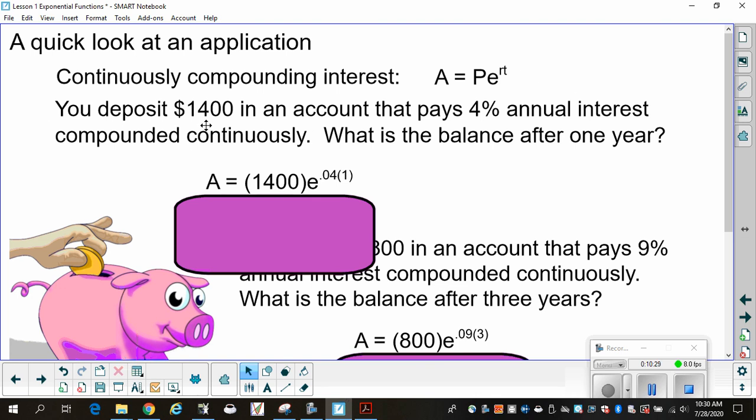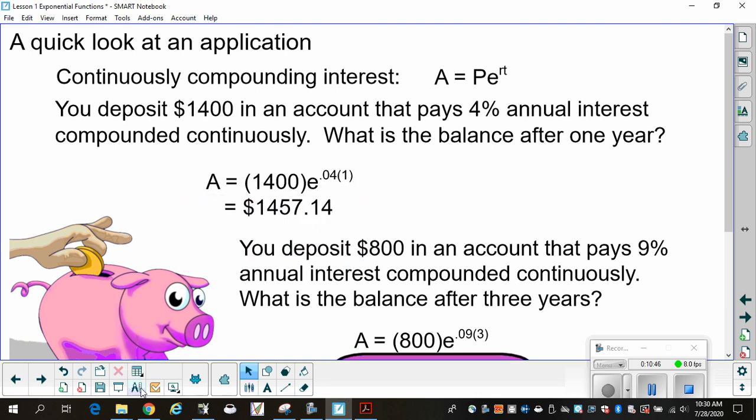So if you deposit $1,400 in an account that pays 4% annual interest, compounded continuously, what is the balance after 1 year? Well, I put the $1,400 in for P. e is a constant. 4% is 0.04 times 1 year. Plug it into the calculator.